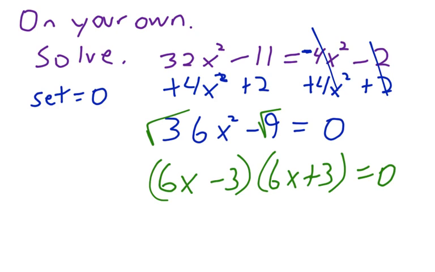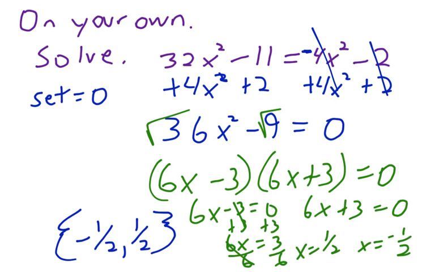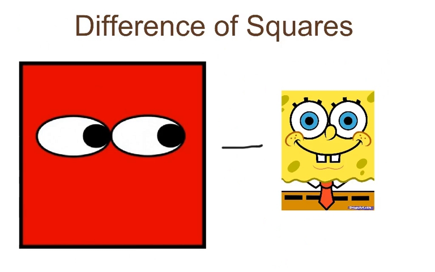And those are our two factors, 6x minus 3 and 6x plus 3. And finally, our two solutions are negative 1/2 and positive 1/2. Did you get that right? I hope so. And now you know how to solve using difference of squares.